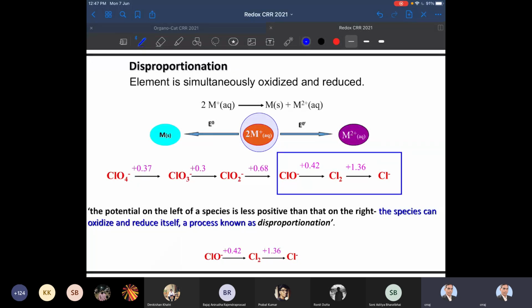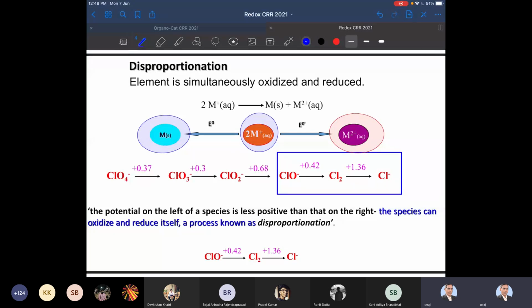This undergoes spontaneous oxidation and reduction reaction. You get your M2 plus and then you get your M0, right? Both you are getting. So simultaneously it goes there. So this species is what we call one that undergoes a disproportionation reaction.